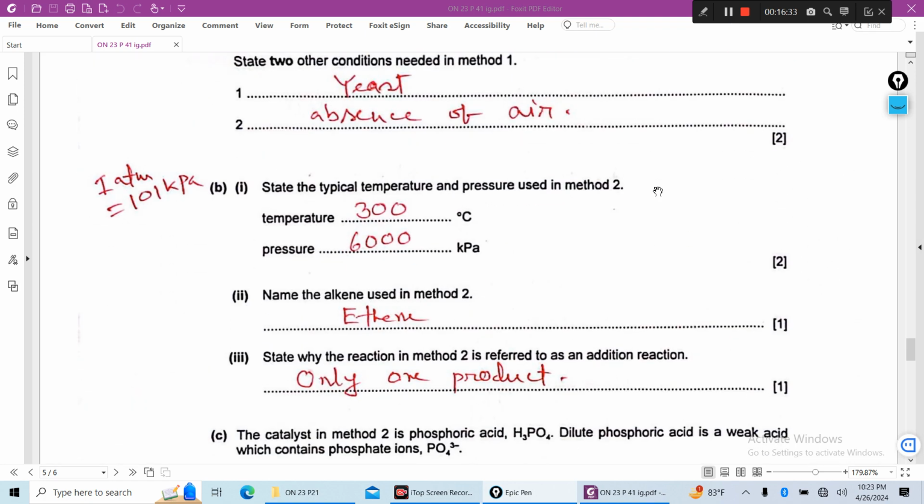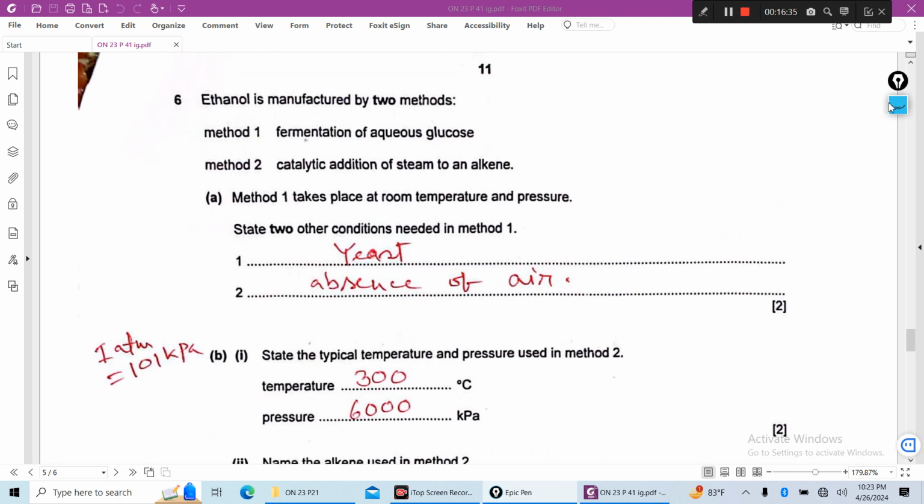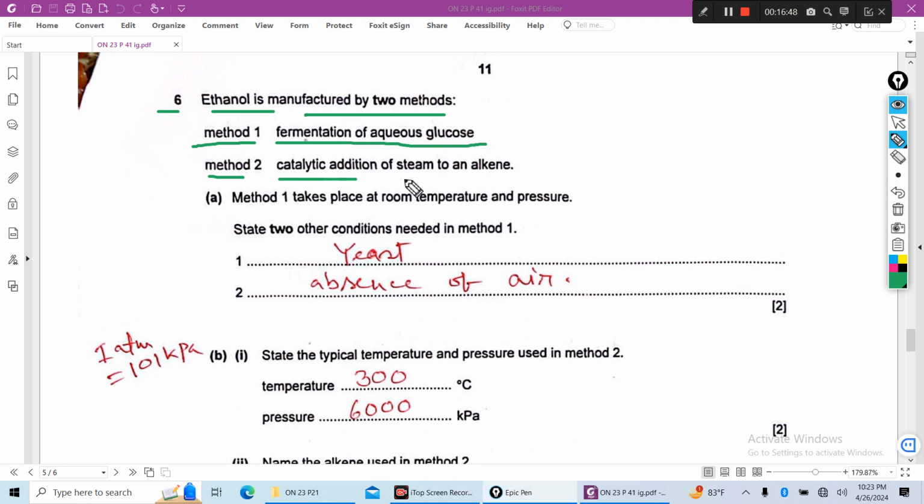Next, number 6, ethanol is manufactured by 2 methods. Method 1, fermentation of aqueous glucose. Method 2, catalytic addition of steam to an alkene. Method 1 takes place at room temperature and pressure.